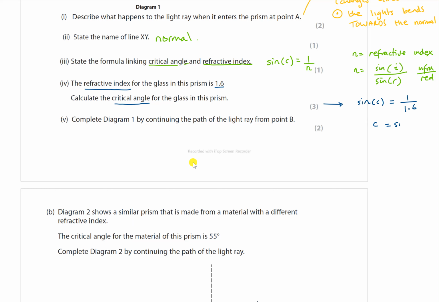C equals inverse sine of 1 over 1.6. You can work that out, and the way they've shown it in the mark scheme is 0.625 equals 39 degrees. Okay.